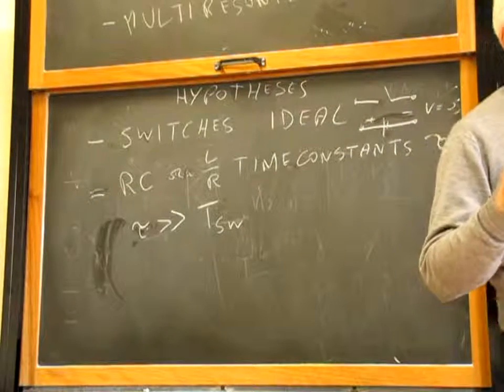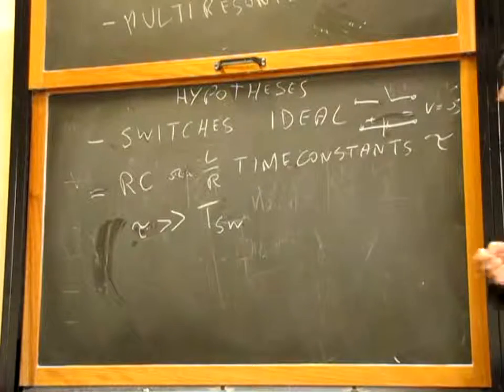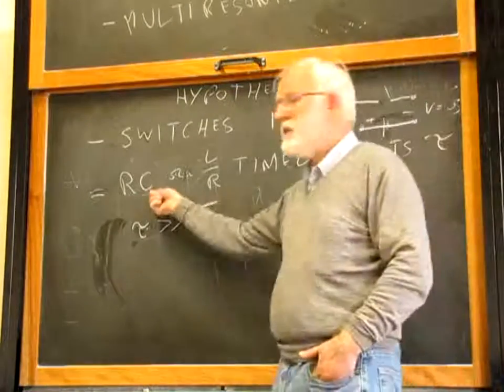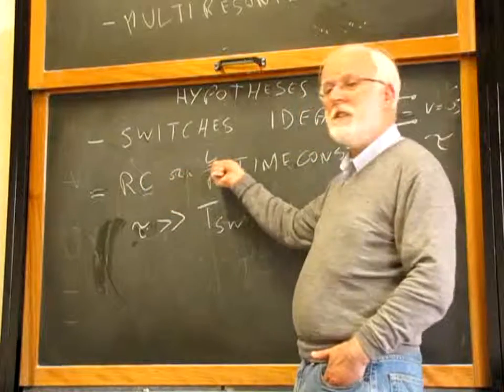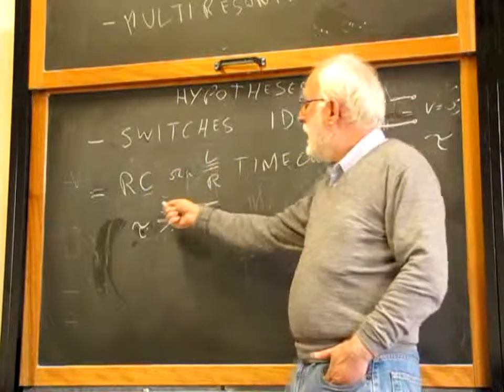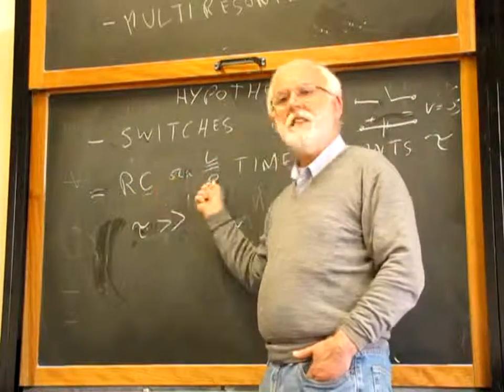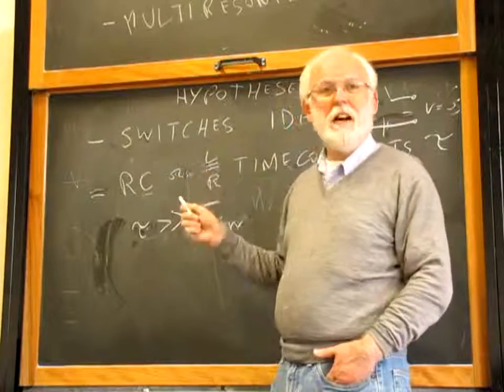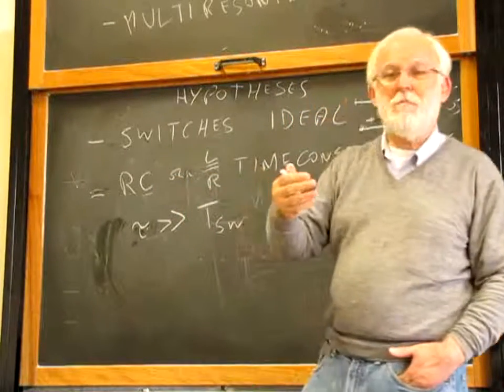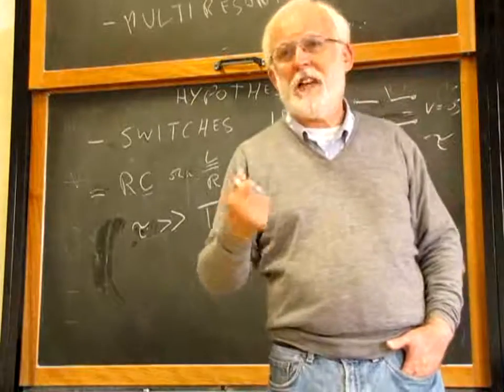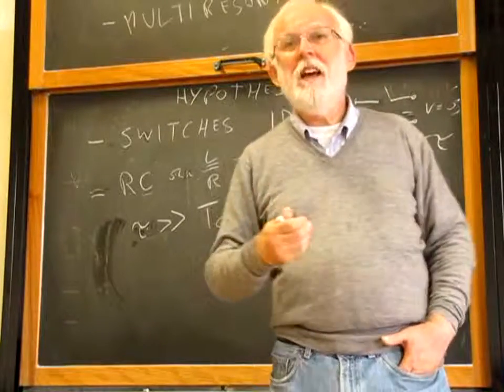What does it mean? It means that in my circuit there are capacitors, I put that. There are inductors, I put that. There are resistors. Where are they? Well, the load can be represented as a resistor. The load is what takes the power, so it is a resistor.